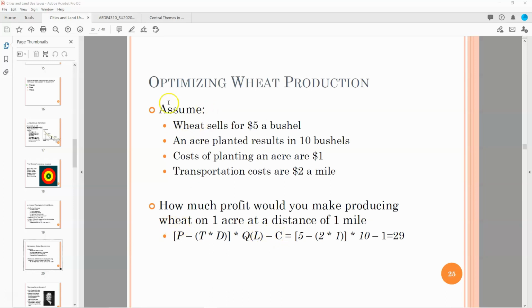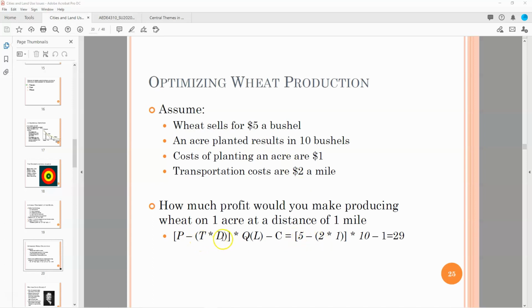And according to our assumptions, wheat sells for $5 a bushel, an acre planted results in 10 bushels. Costs of planting an acre are $1, and the transportation costs are $2 a mile. Then P is equal to 5 because the price for wheat 1 bushel is $5.